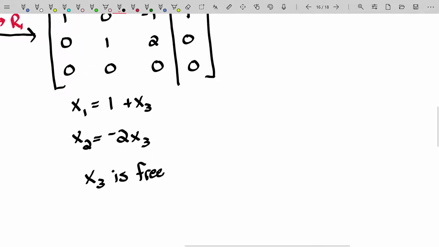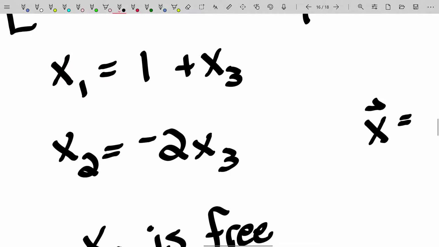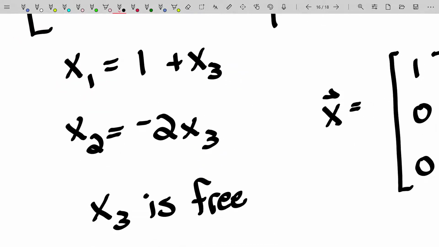Now, if I write this solution, it actually has to be broken into two vectors. Notice, all the constant terms, the ones that are not attached to x sub 3, are by themselves. That is, we have a 1 plus 1x sub 3, we have a 0 minus 2x sub 3, and then x sub 3 is free, so it's 0 plus some free variable.